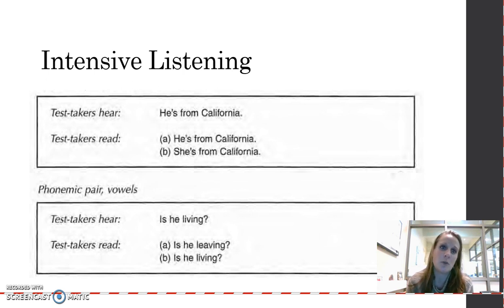Can they distinguish between hearing "he" and "she"? And another example here with a phonemic pair and vowel sound. The test takers hear, "Is he living?" and they read, "Is he leaving?" Is he living? And again, here there's even a little bit of reading comprehension involved, right? Because you have to know how those are pronounced in order to get the correct answer.